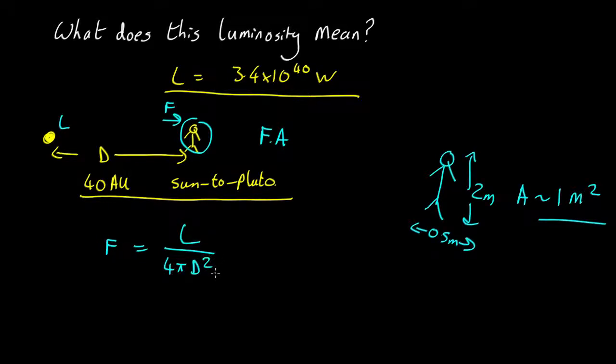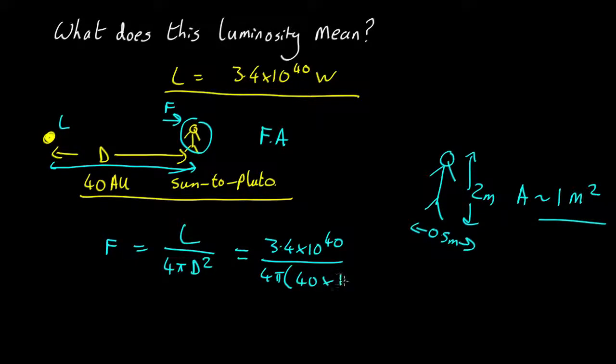We don't need to worry about 1 plus redshift here because the universe isn't expanding appreciably over this short distance, which comes out as 3.4 by 10 to the 40 over 4 pi, 40 astronomical units, 40 times 1 astronomical unit, which is 1.5 by 10 to the 11 meters, squared, and that comes out at 7.5 by 10 to the 13 watts per meter squared.